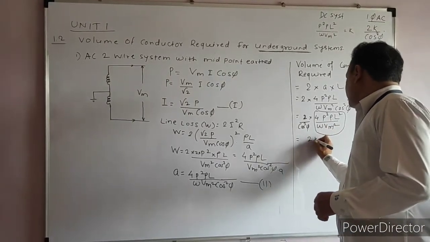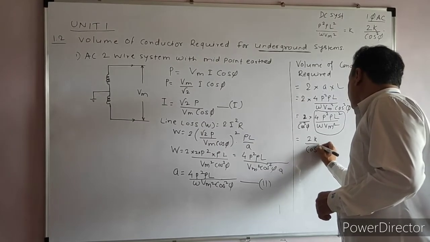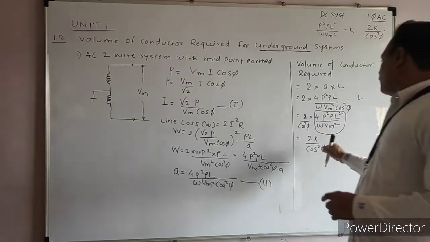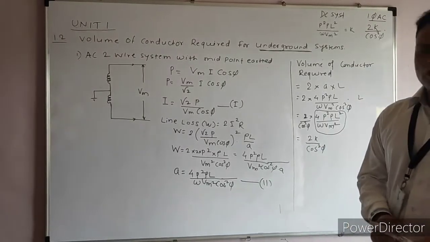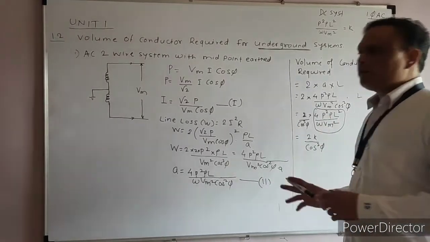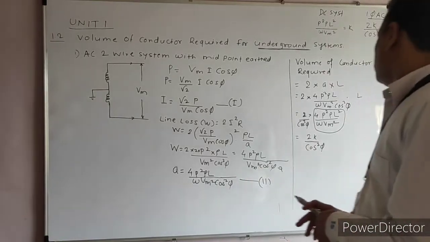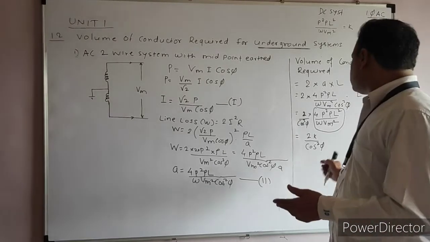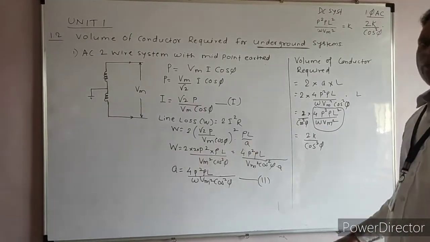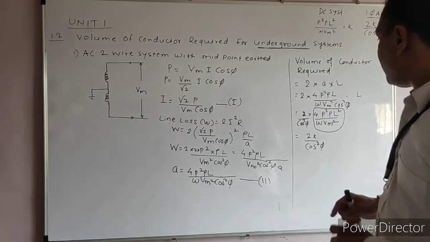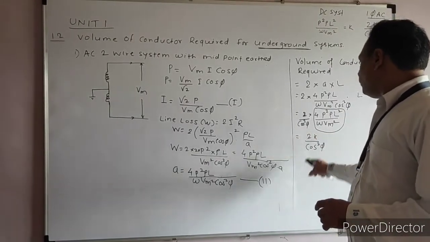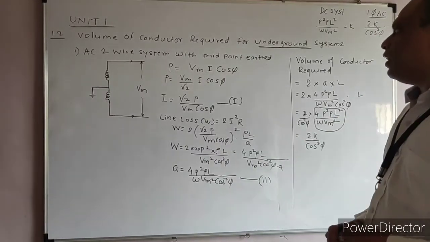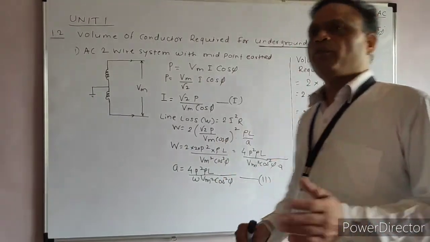So here I get the volume of conductor required as 2K upon cos² φ, where K is 4 P² ρL² upon W Vm². Keep in mind, for the overhead system K was without 4, but now in this underground system the K is with 4. So basically you can see more volume is required in case of this underground power transmission.